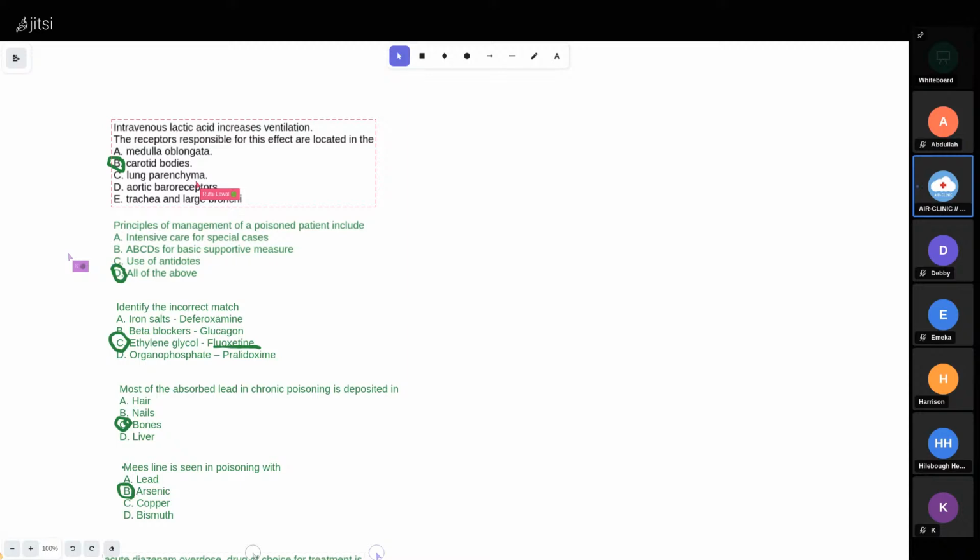All are modalities of treatment for CO poisoning except: hyperbaric oxygen, physostigmine, artificial ventilation, blood transfusion. As straightforward as parallel lines.